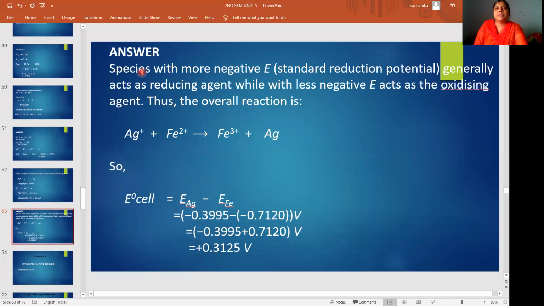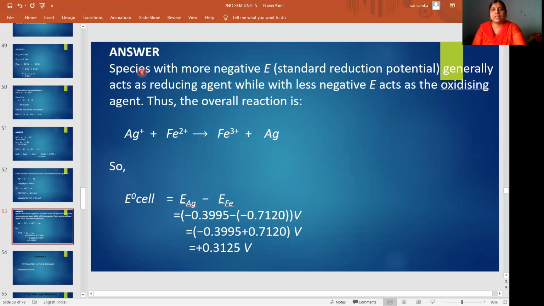So here, species with more negative standard reduction potential generally act as reducing agents, while those with less negative act as oxidizing agents. Thus the overall reaction is Ag plus plus Fe plus 2 gives rise to Fe plus 3 plus Ag.